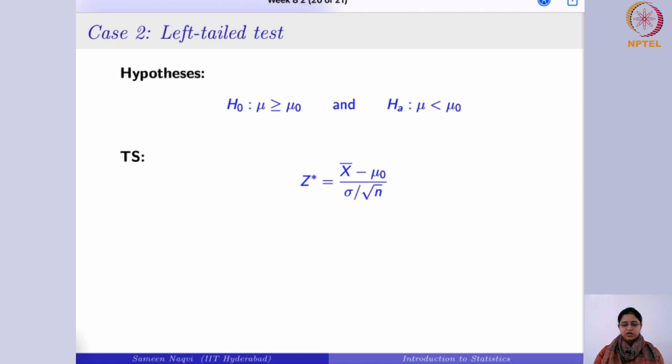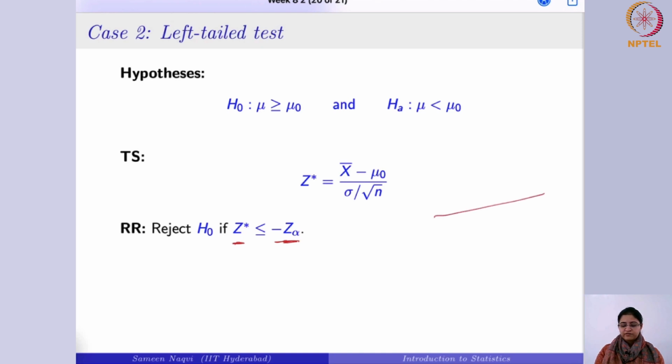Now you would be rejecting if the test statistic that you have calculated, and you will find your Z alpha, is less than minus Z alpha, then you would reject the null hypothesis. So here the negative sign indicates that we are dealing with values that are less than the mean, which aligns with your alternative.